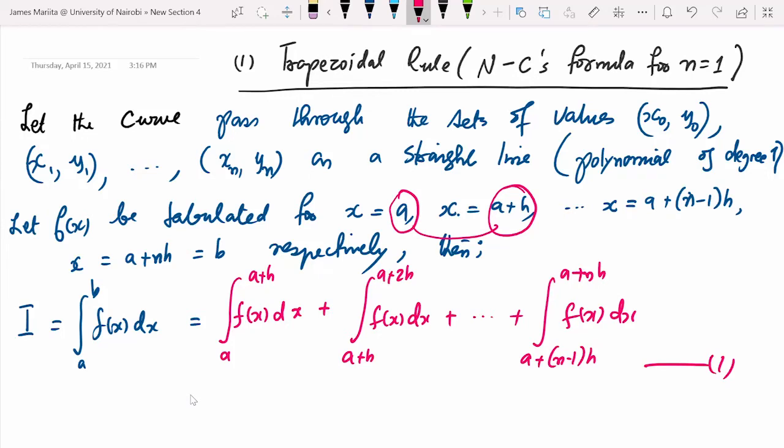Or we can have it as I is equals to I1 plus I2 plus and so on plus IN.